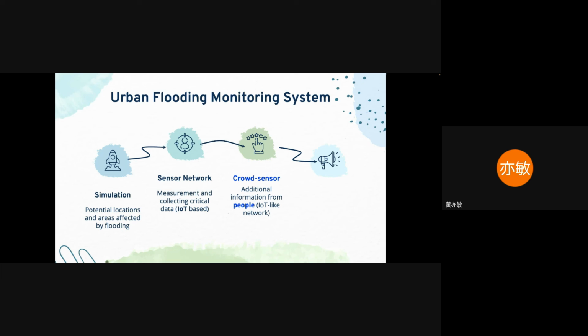Today, we can rely on our people. Everyone has a smartphone. You can ask everyone living in the area to use the smartphone to monitor the flood. It is doable and it's possible today.